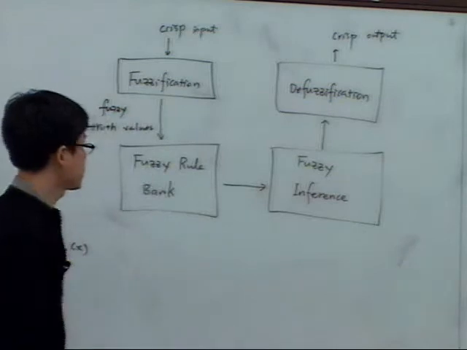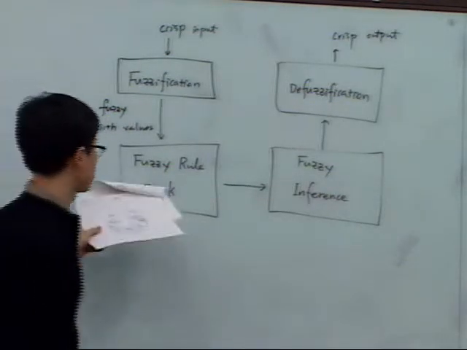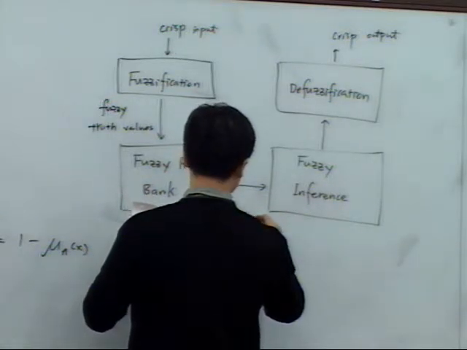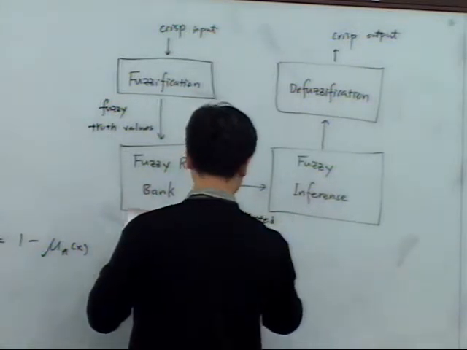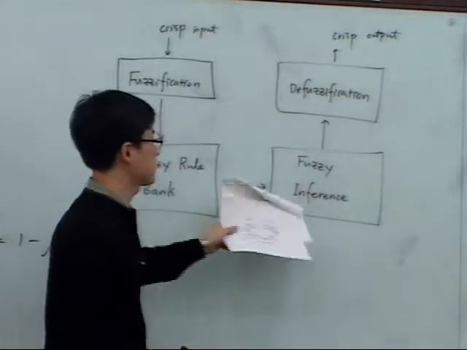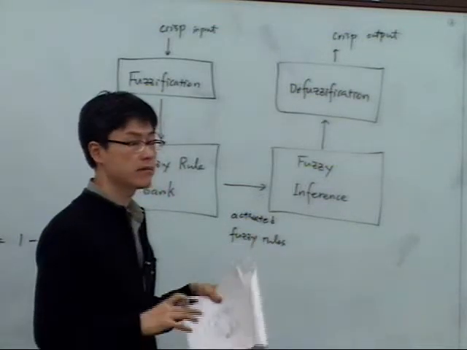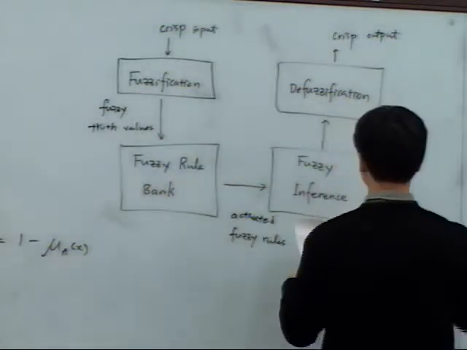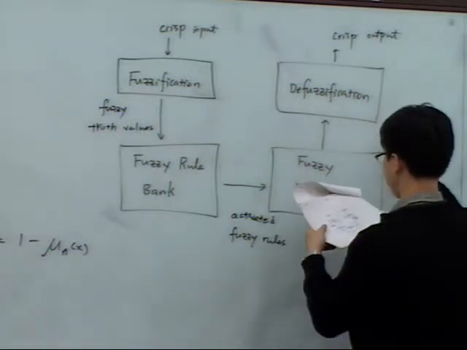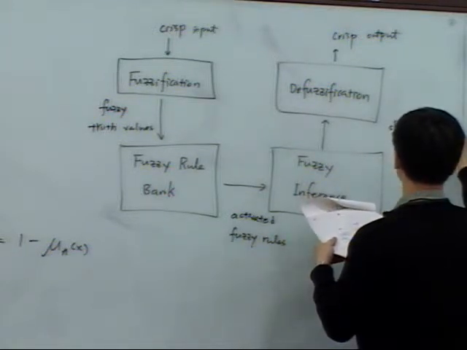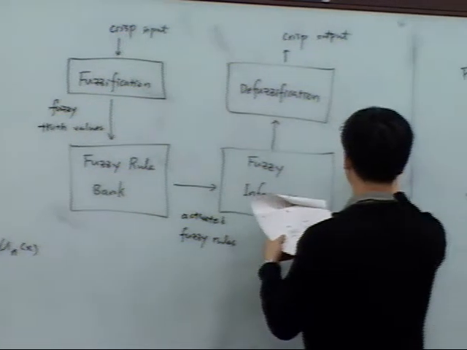And fuzzy rule banks, if you have lots of rule banks, from here to there, activated fuzzy rules are transferred to the fuzzy inference, and in this inference engine, your fuzzy rules will infer, and the inferred output is the clipped fuzzy membership functions.